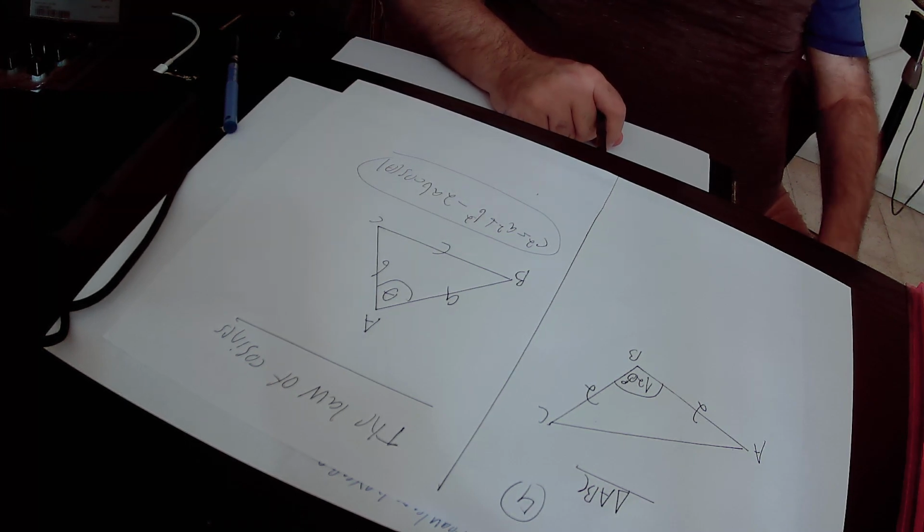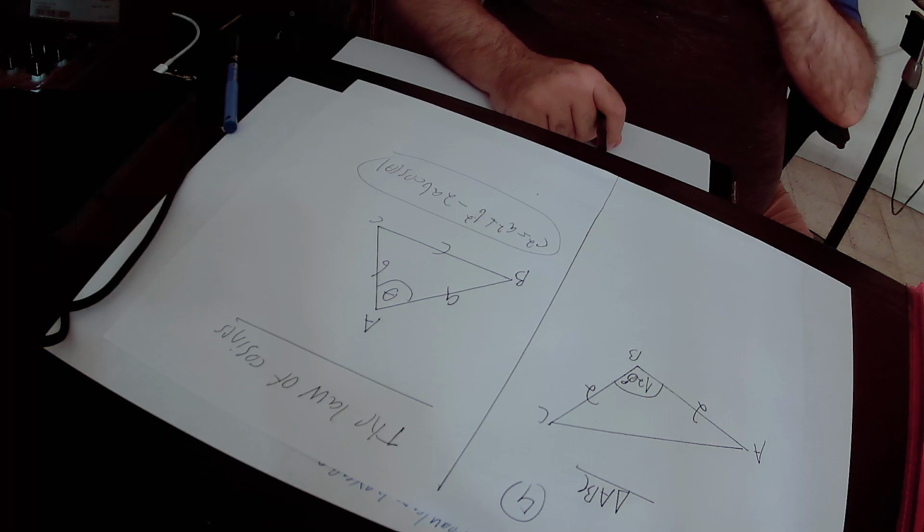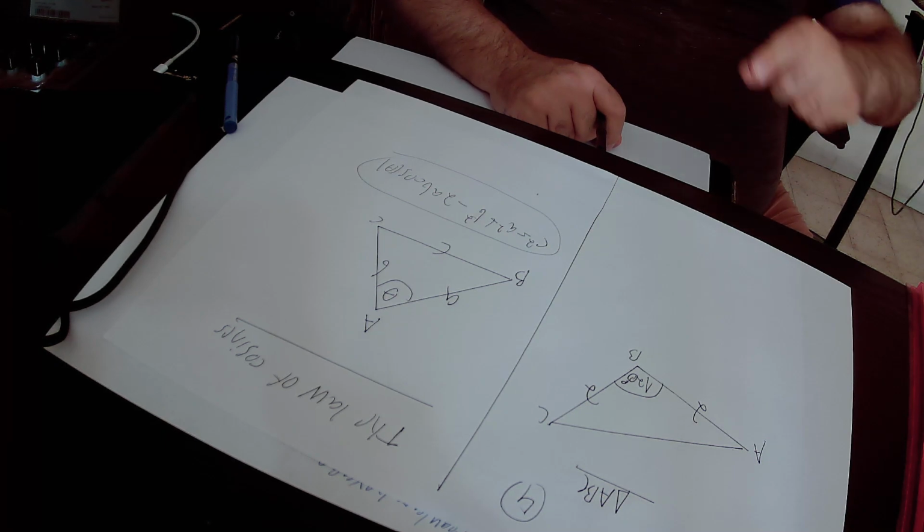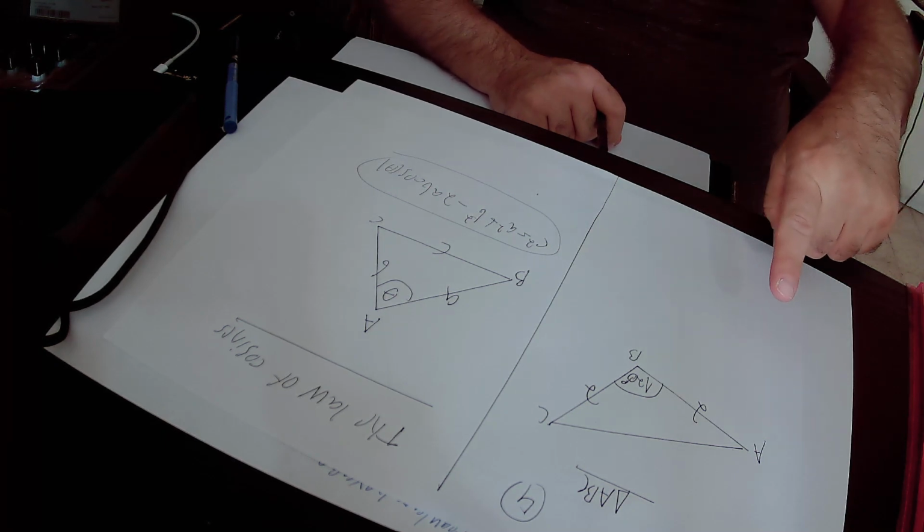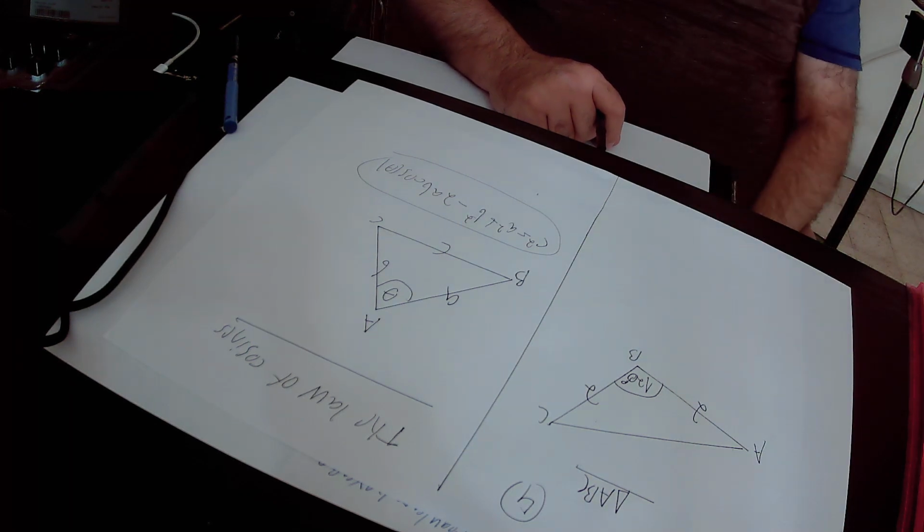We can actually implement the law of cosines in our triangle. The missing side here is AC.